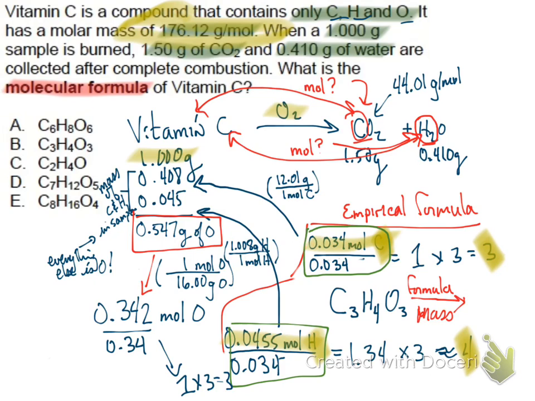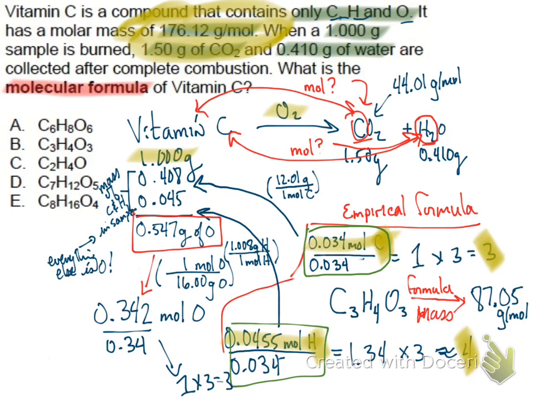We can add up 3 carbons, 4 hydrogens, and 3 oxygens. And when we do that, we see that we have a mass of 87.05 grams per mole. That is not the formula mass that we were looking for. Right? Again, the formula mass is given to us as 176.12.